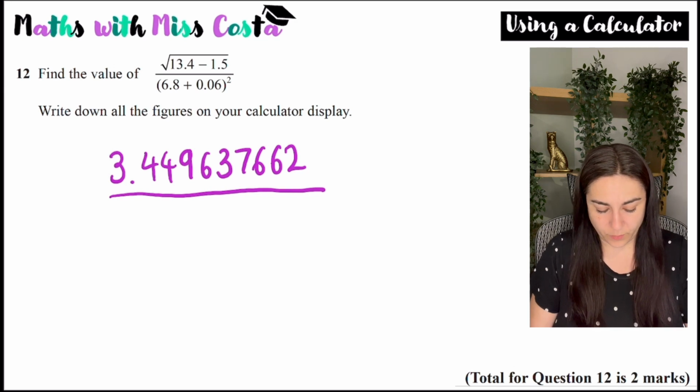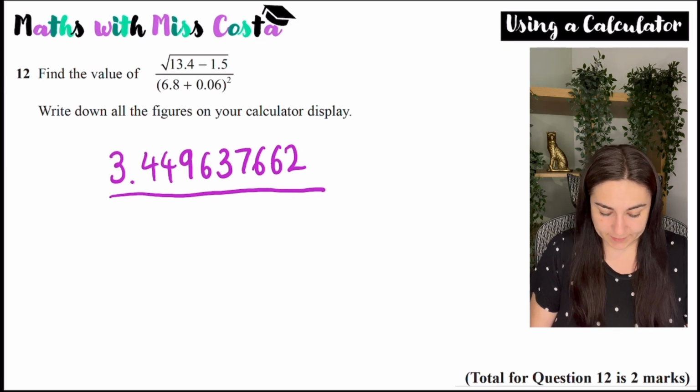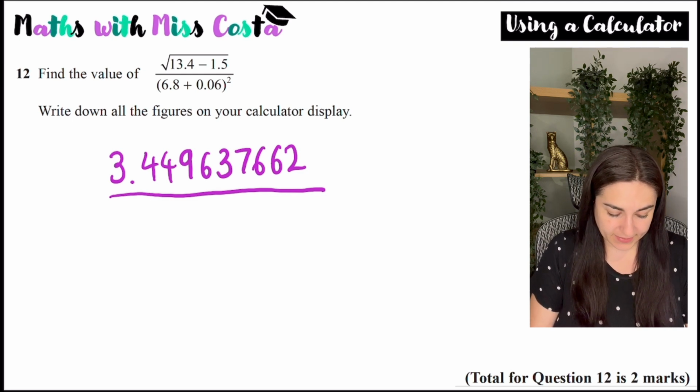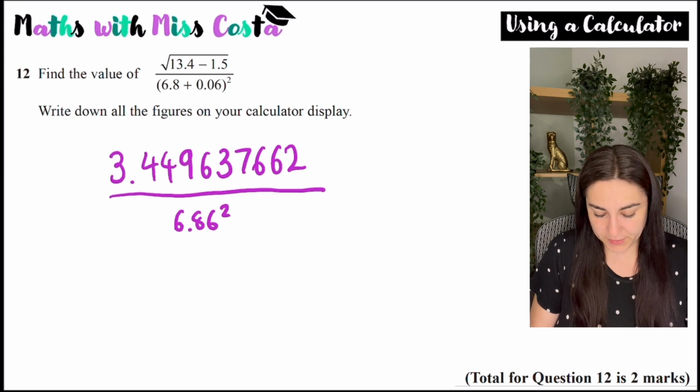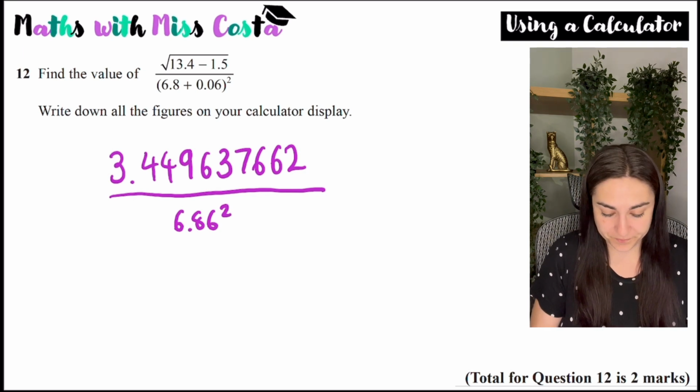And then I want to work out 6.8 plus 0.06, in brackets, which gives me 6.86. So I'm just doing it bit by bit just to make sure.